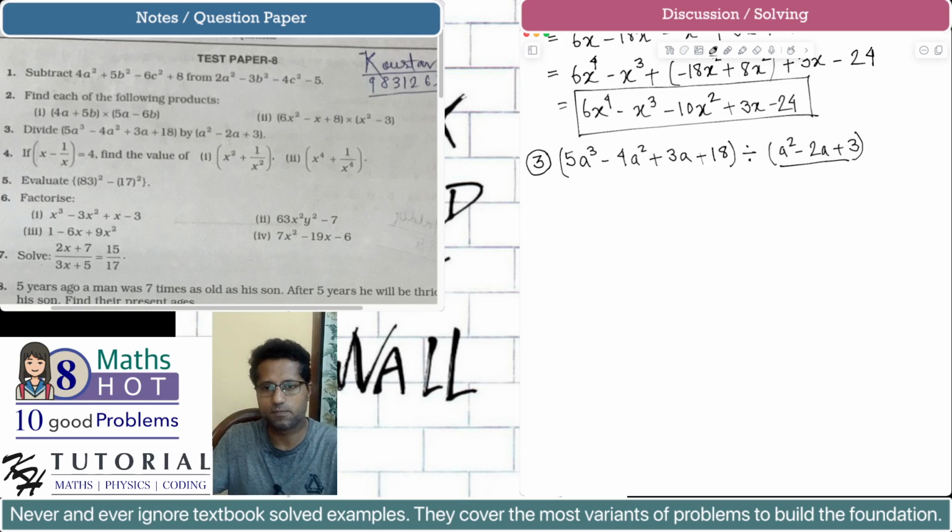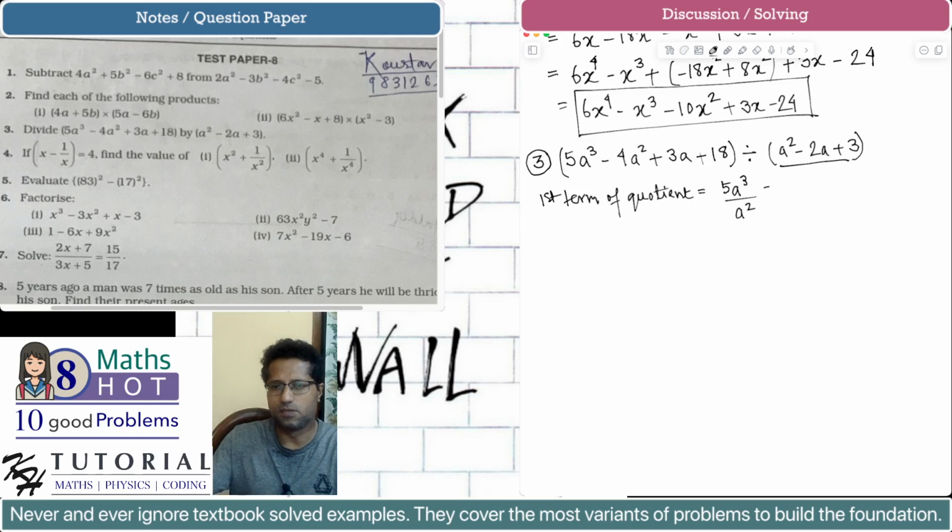The first term of the quotient will be equal to the first term of the dividend divided by the first term of the divisor. This is equal to 5a. So 5a will be the first term of the quotient.